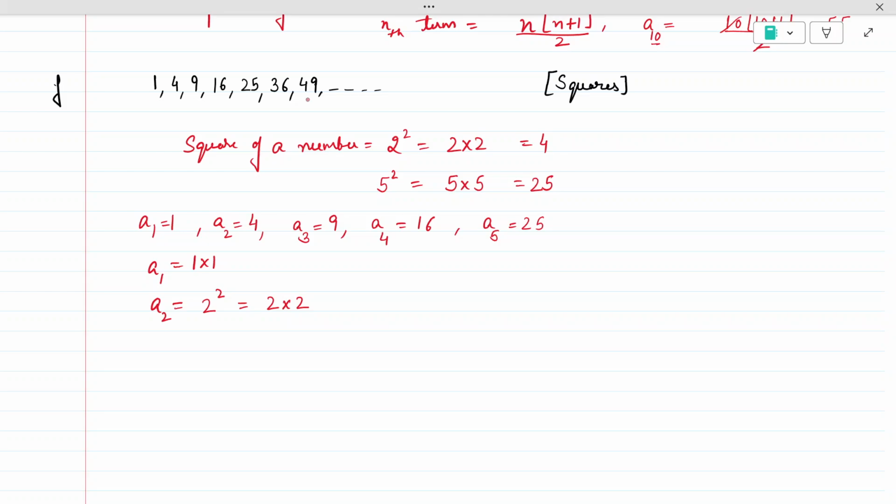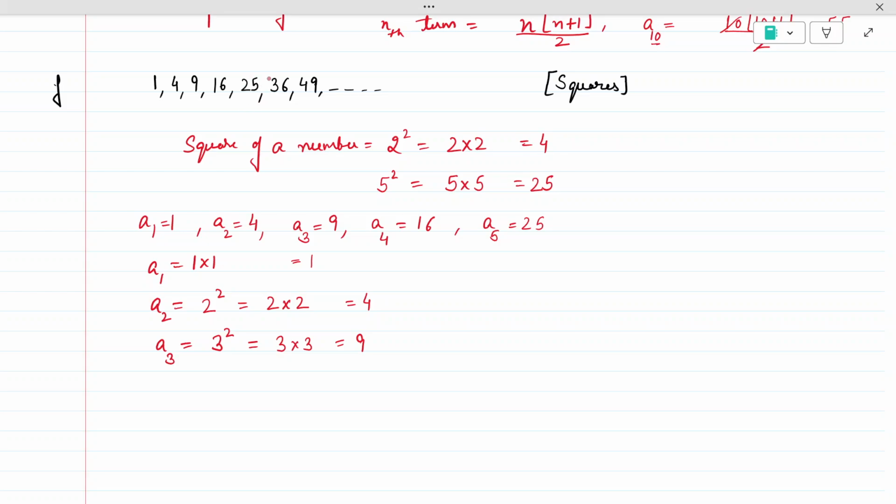This is a square sequence. Then at the third position, we have 9. So 9 is the square of 3, that is 3 multiplied by 3 is 9. That's how we are getting this sequence here. Similarly, 16 is the square of 4, 4 multiplied by 4 is 16.